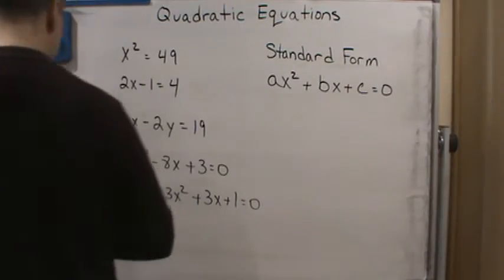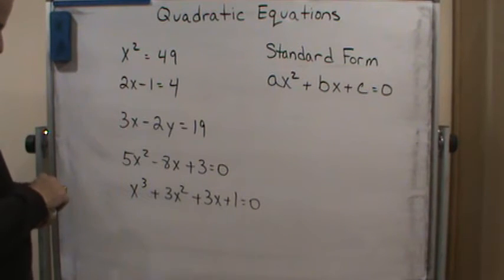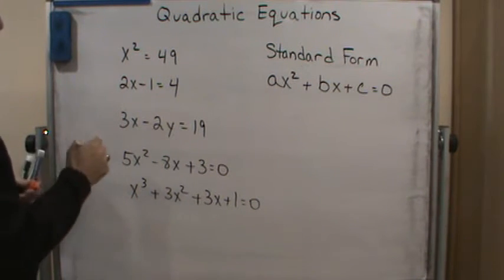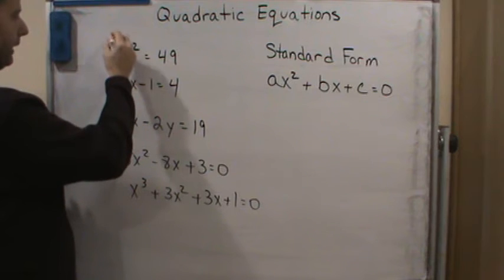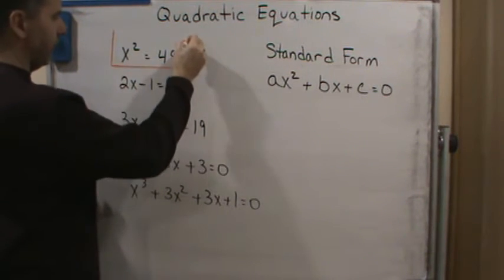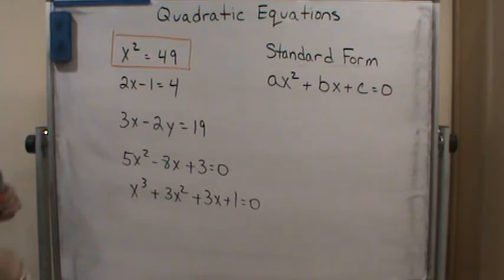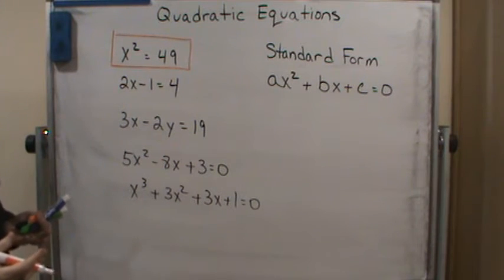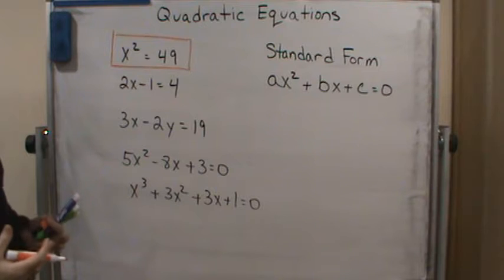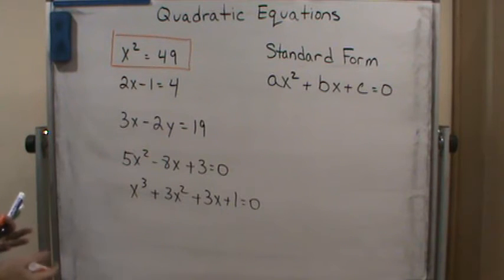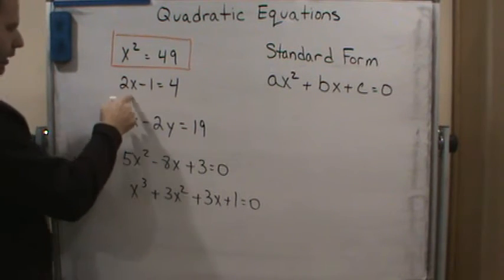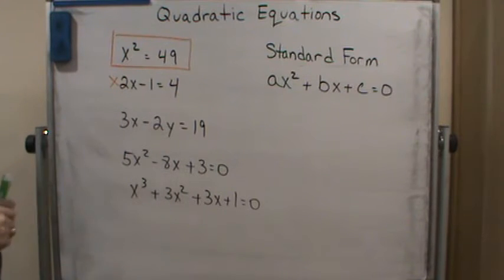So for example, this here is a quadratic equation. It involves a variable x raised to the second power, and there are no other variables raised to a higher power. This one is not a quadratic equation because there are no variables raised to the second power.